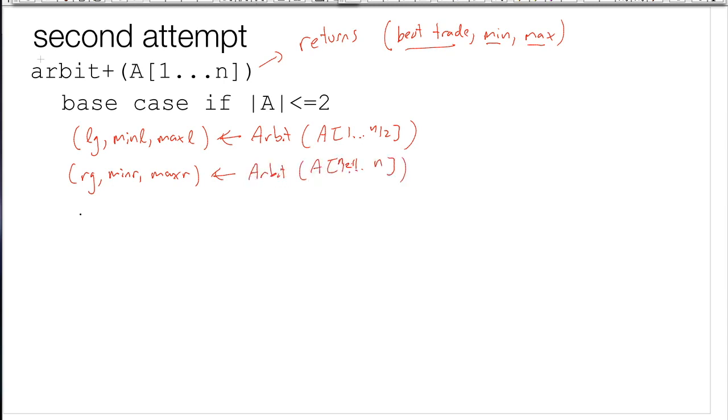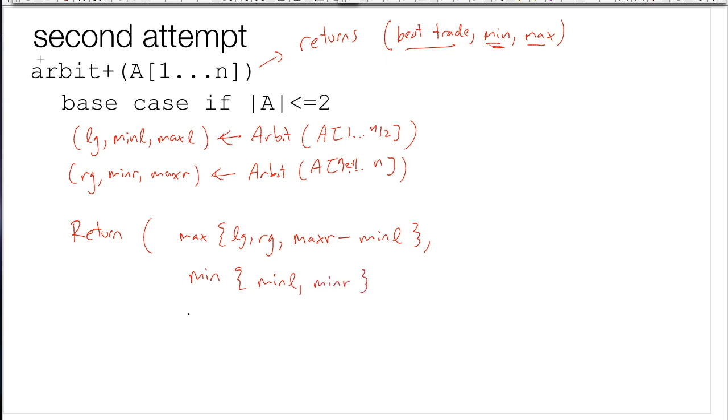And now, all we need to do is return the max of LG, RG, and max R minus min L. In addition, we now have to return the min across both halves. What will the min be across both halves? Exactly. And the max will be.